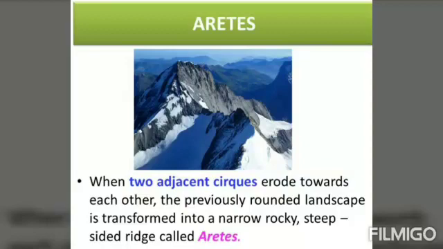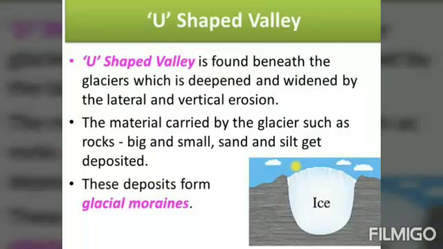ARETES. This is another glacial landform. Next one, U-shaped valley. A U-shaped valley is found beneath the glaciers, deepened and widened by lateral and vertical erosion.